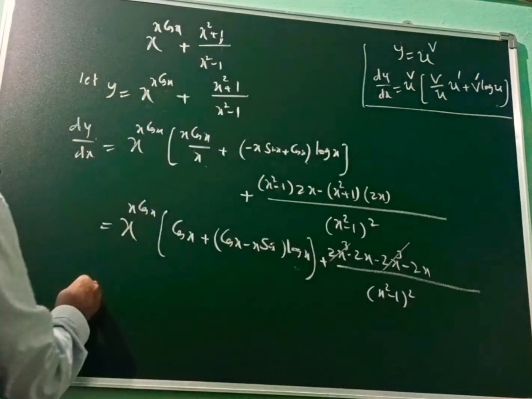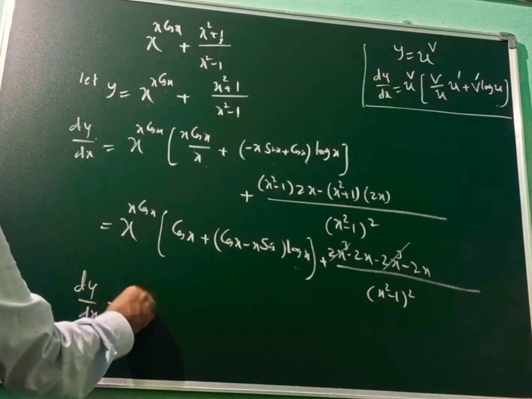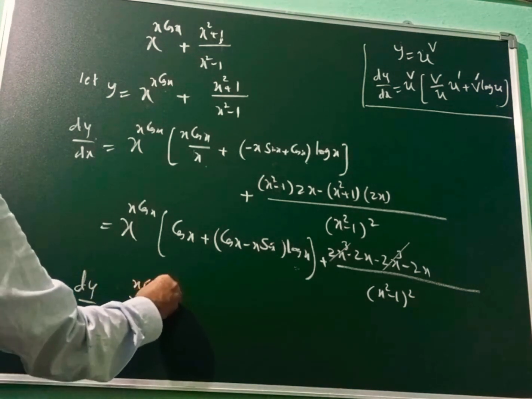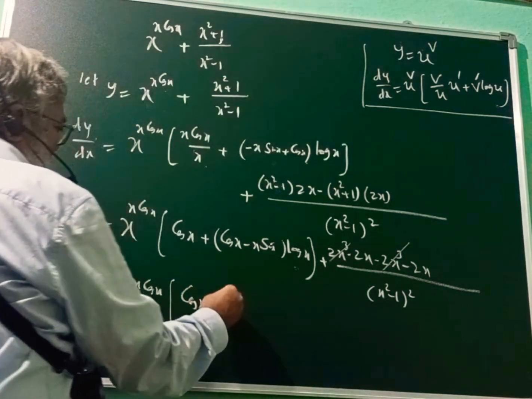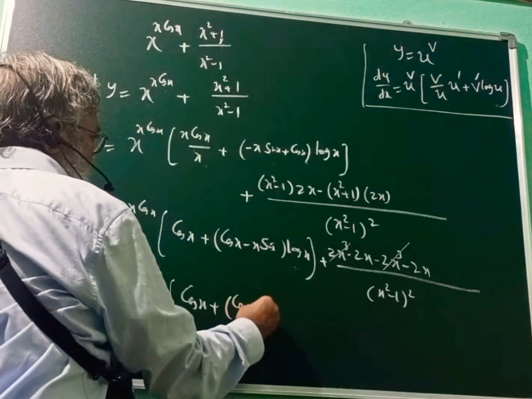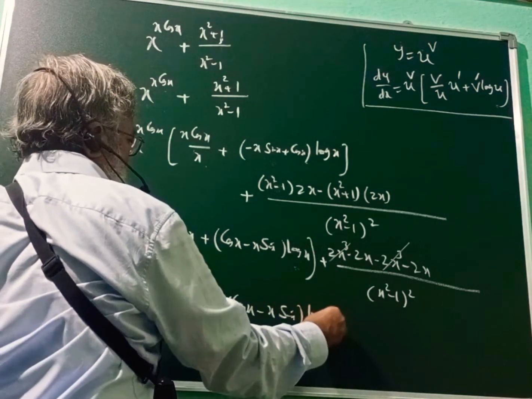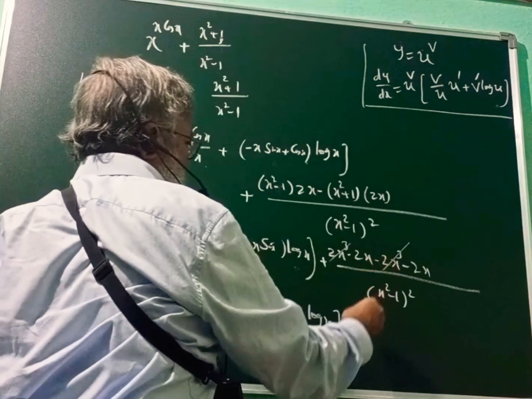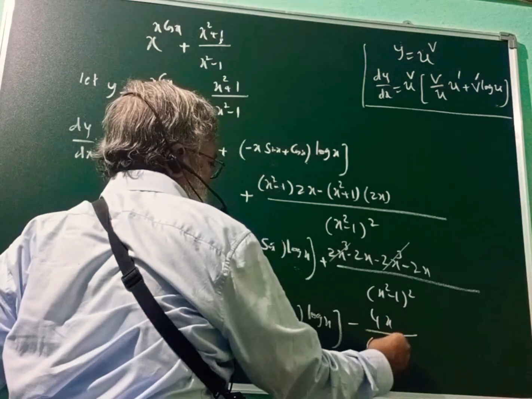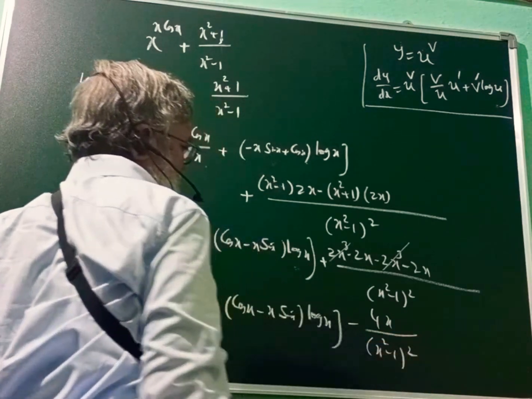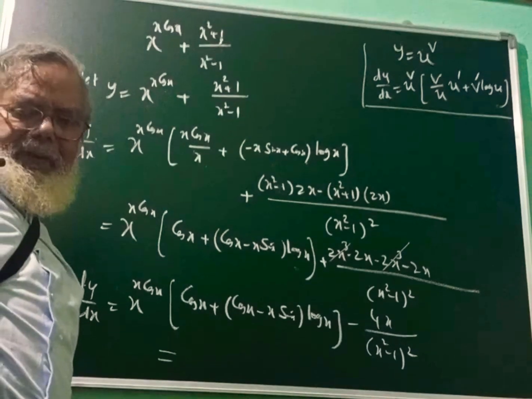So our answer is dy by dx is equal to x raised to x cos x, (cos x plus (cos x − x sin x) into log x, and here adding these two) minus 4x by (x² − 1) whole squared. That is the value of dy by dx.